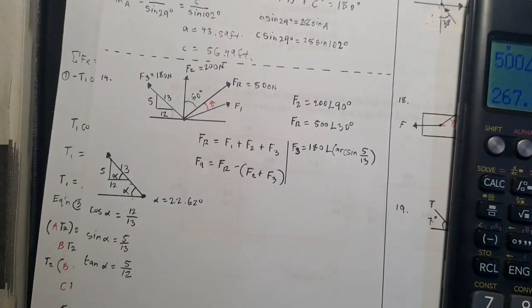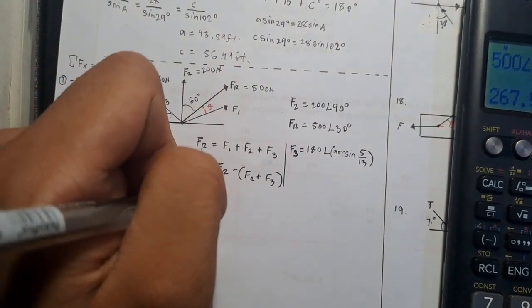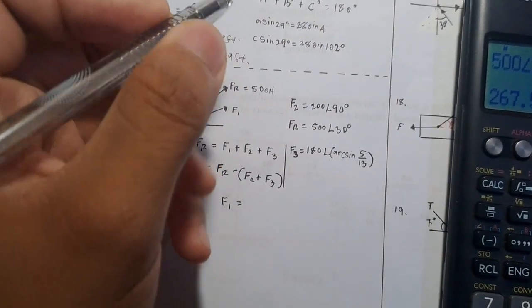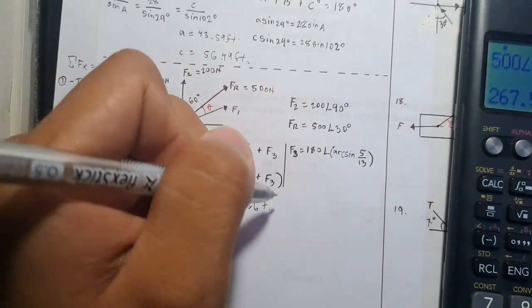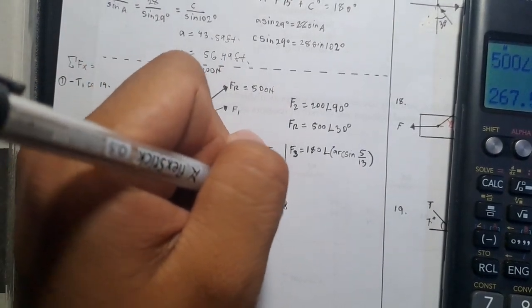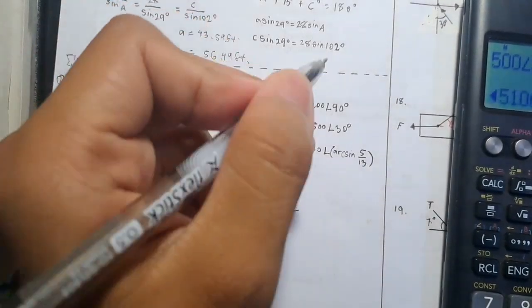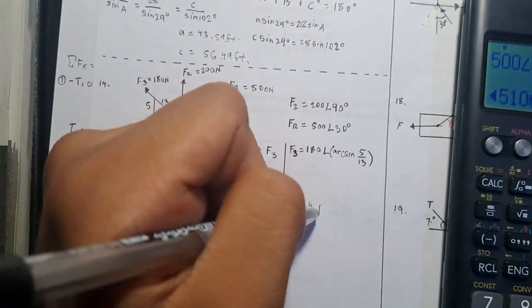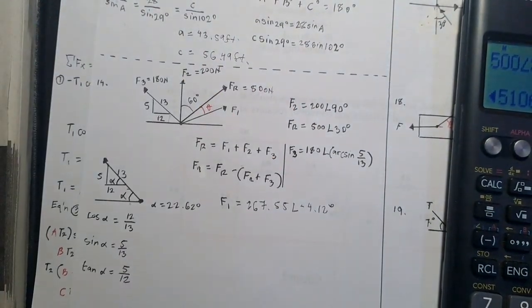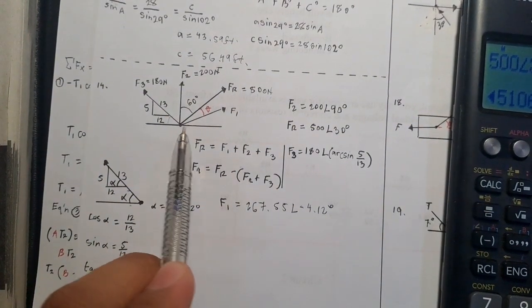So our F1 is 267.55 angle negative 4.12. Since it's negative, it is below here.